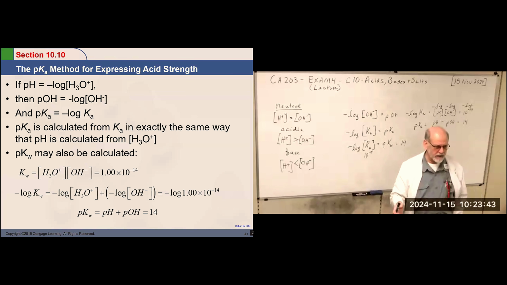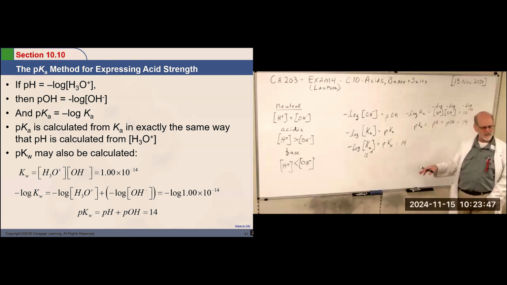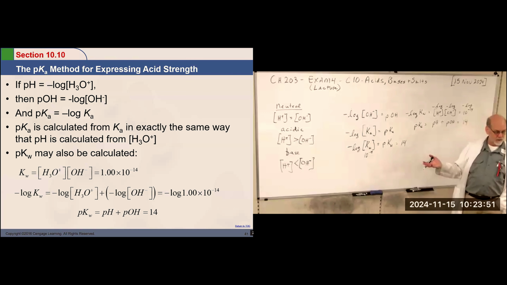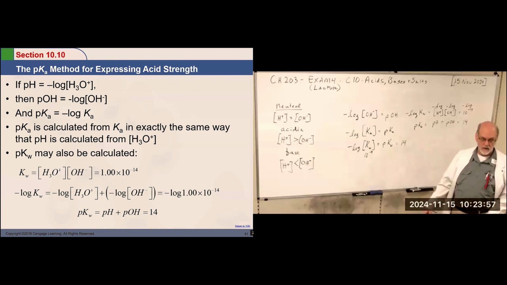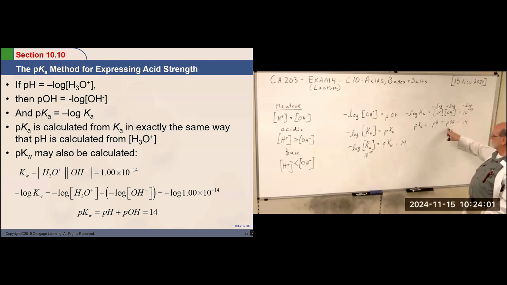So this is a quicker way. Remember the example we had earlier where we wanted to know the pH, but we were given the hydroxyl ion concentration. We had to calculate the hydrogen ion concentration, then do the pH. Well, in this case, we could take that hydroxyl, calculate its pOH, stick it in this equation and calculate the pH. That saves us a step.